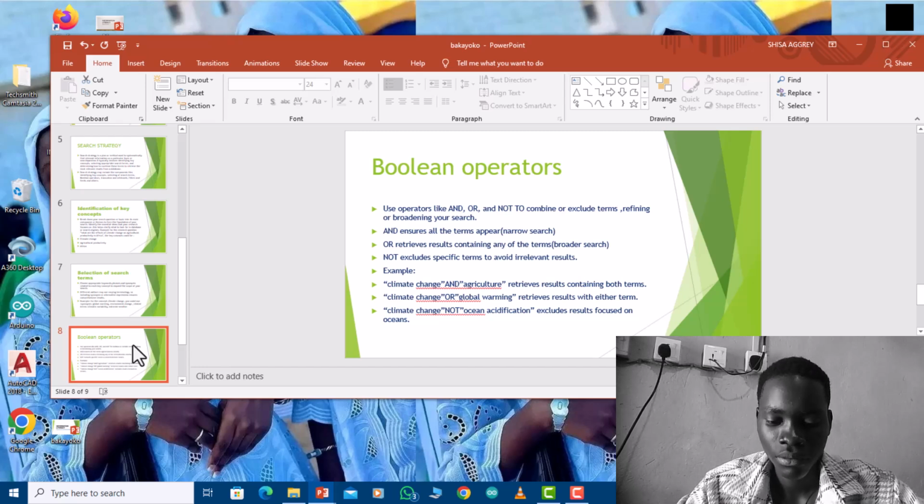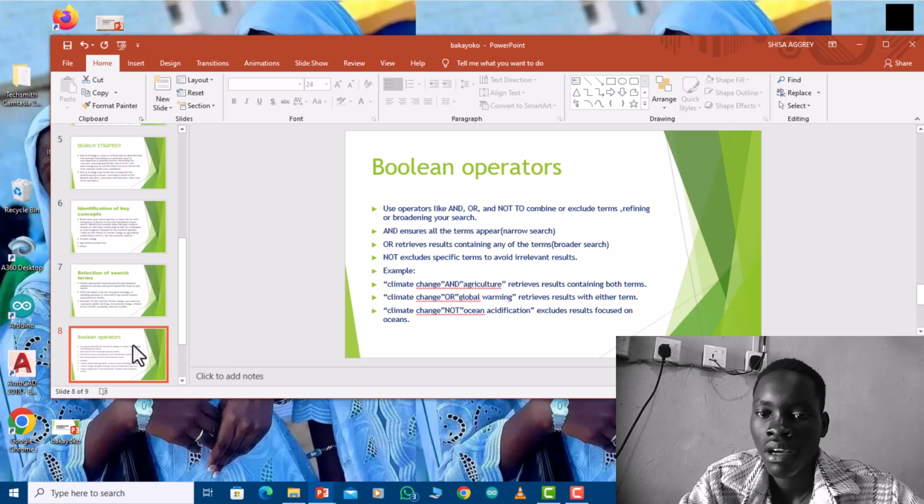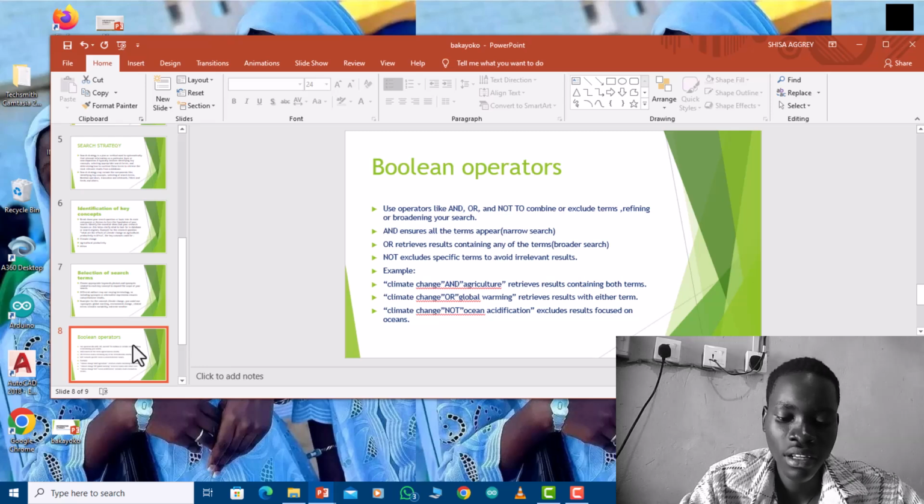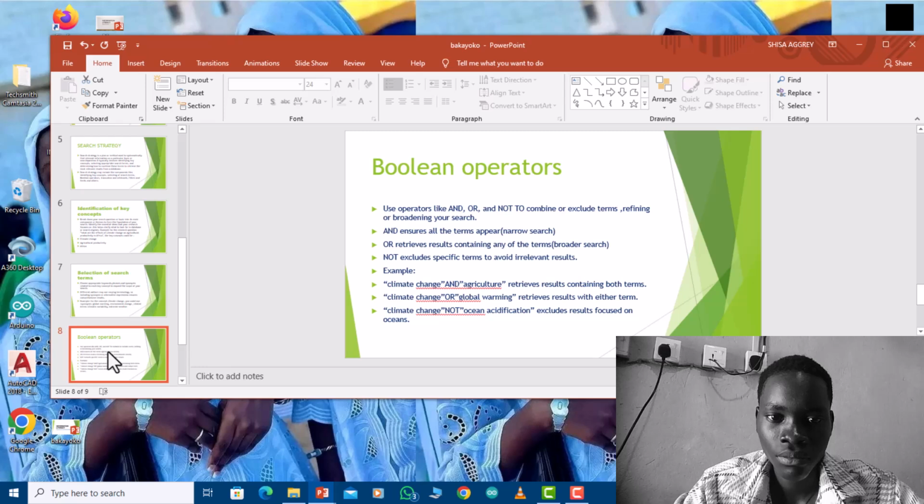For example, my topic was about climate change in Africa. I did not say outside continents like America, Australia, and whatever, but we are strictly dealing with Africa. So you can put a quote. You understand these marks very well.